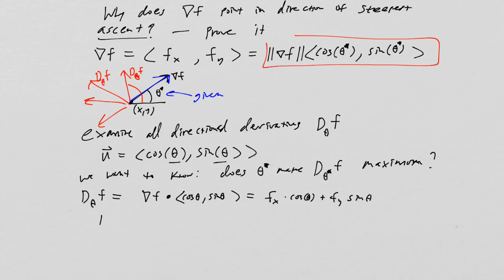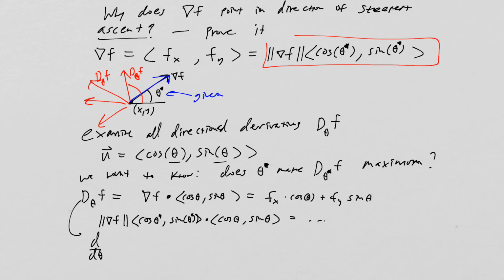Grad f is going to be cosine theta star, sine theta star, dotted with cosine theta, sine theta. Let's hold on to that for a second, but rather let's now take the derivative.